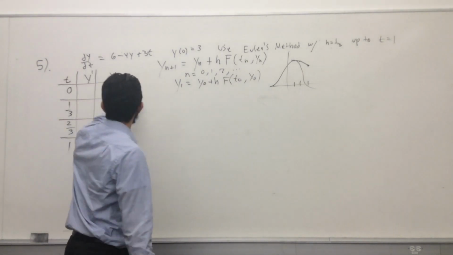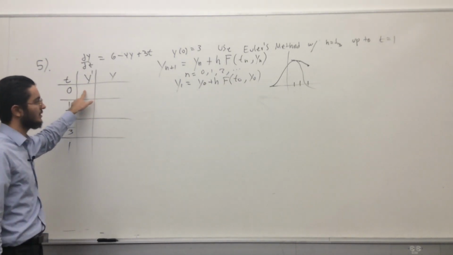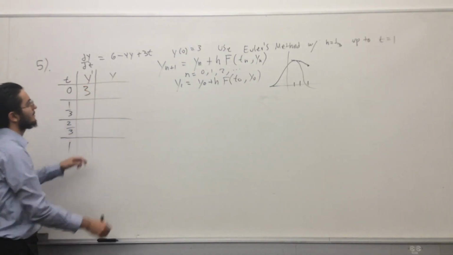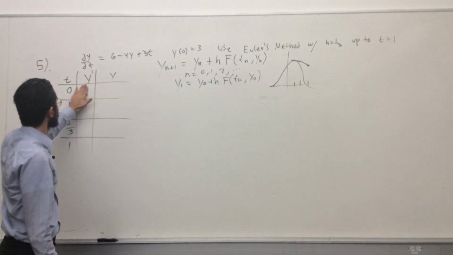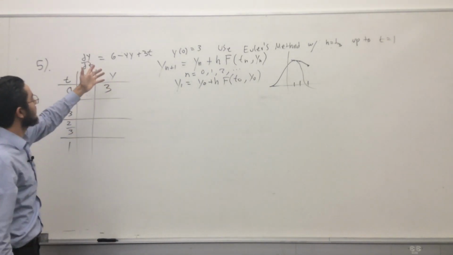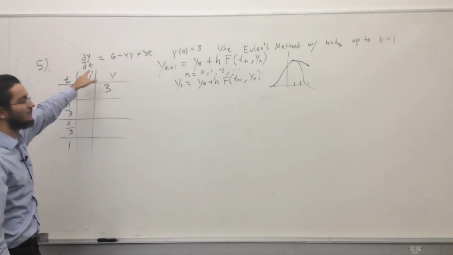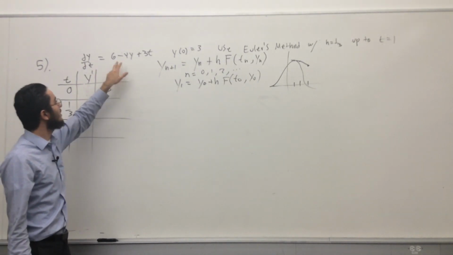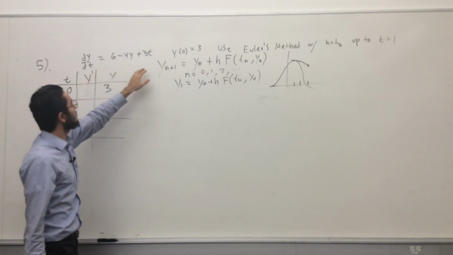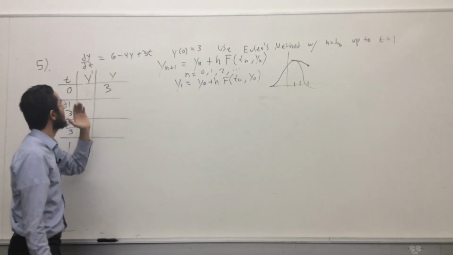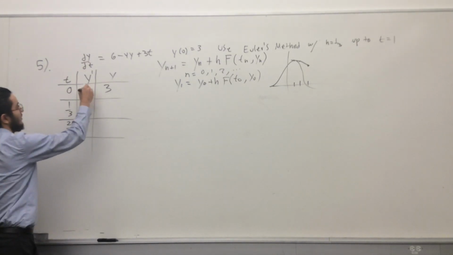Now for y1, in this case, when t equals 0, we know that y is 3, right? And then y prime, when t equals 0 and y is 3, we'll have to find the derivative over here. That's going to be 0 over here, and then 3 times negative 4 is negative 12, plus 6 is negative 6.